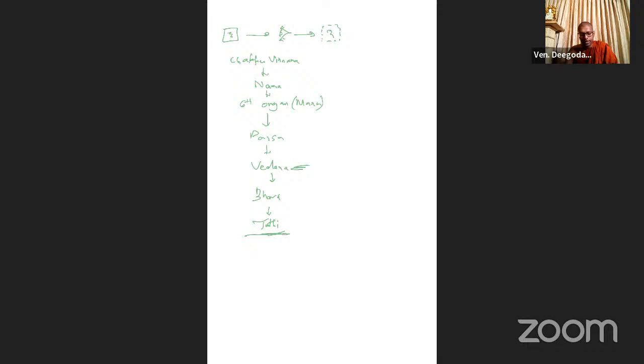There's an element of suffering, a component of suffering, in that Vedana as well. But Sampasaja Vedana is created with avidya, a suffering created with avidya. This Vedana can be of three types.